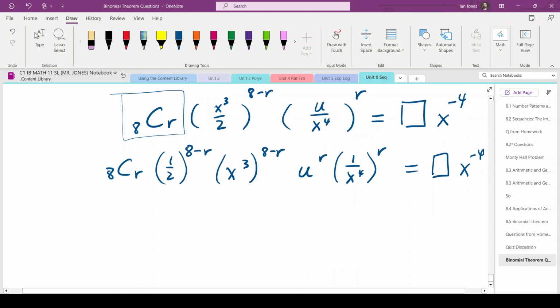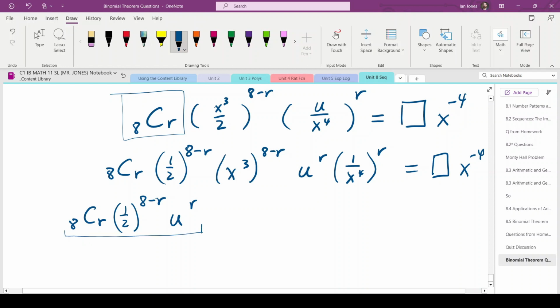I'm going to get my constants all out towards the front: 8 choose r, 1/2 to the 8 minus r, u to the r. That's what's going to give me my coefficient. x cubed to the 8 minus r, that's x to the 24 minus 3r. This is x to the negative 4 to the r.